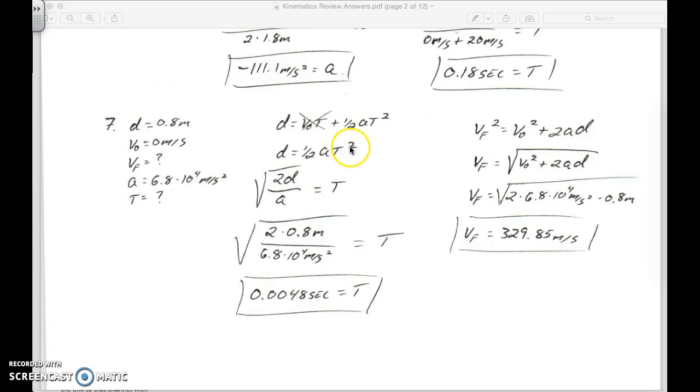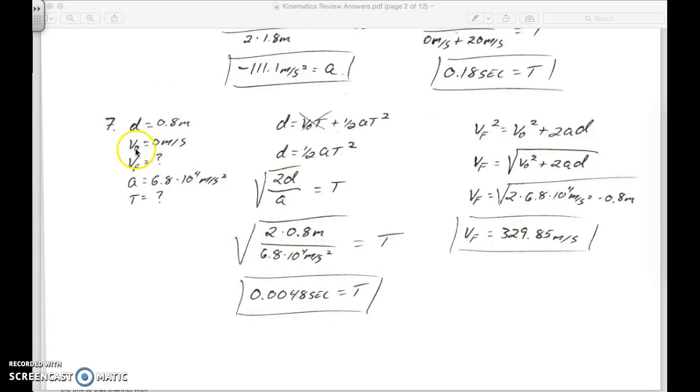And I don't want it squared, so I take the square root. So that's why I have square root of 2d over a. Plugging in my numbers, square root of 2 times 0.8 meters divided by 6.8 times 10 to the 4th meters per second squared gives me a time of 0.0048 seconds. That's really short, but that kind of makes sense because we're talking about how long a bullet stays in a gun. It's not going to be a large time.